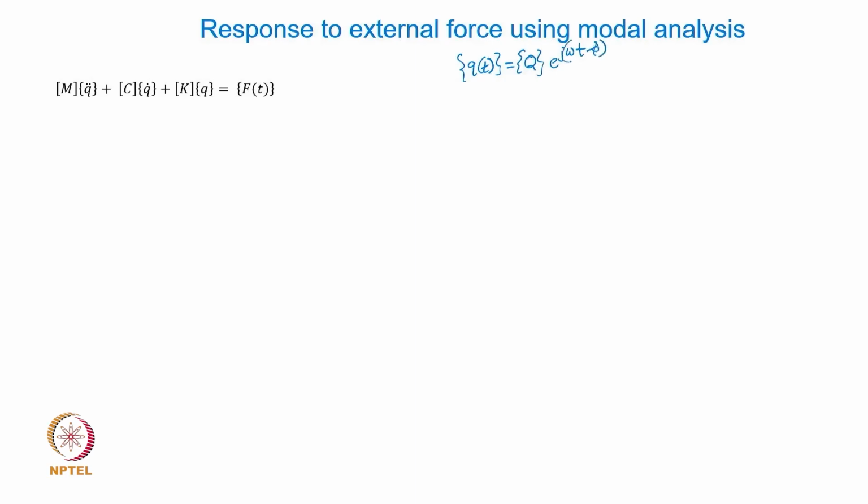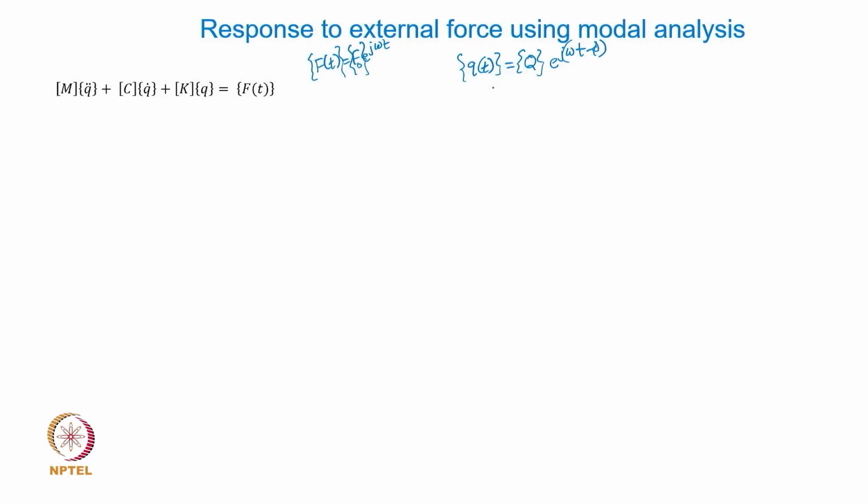That basically is the assumed response for this kind of an external excitation, provided of course f of t itself is a harmonic function of time. So, if I use f naught e to the power j omega t, now in each of these cases these are all vectors. So, f naught means f naught at degree of freedom 1, degree of freedom 2 and so on, but essentially they represent the same thing.